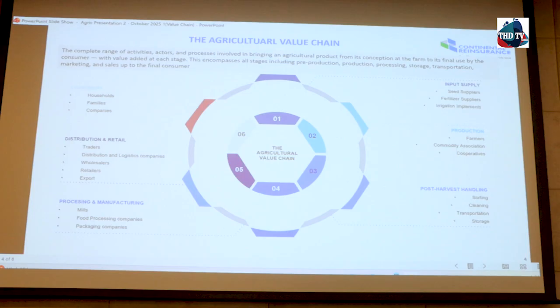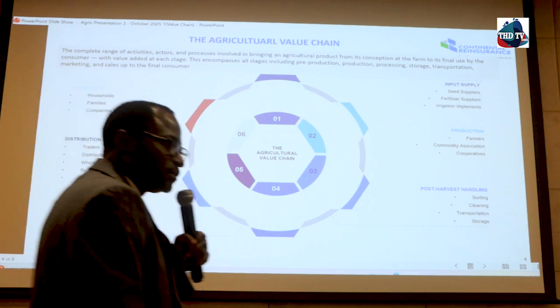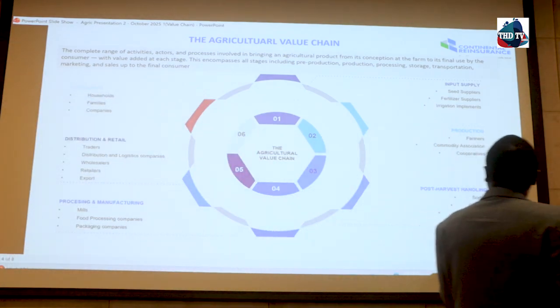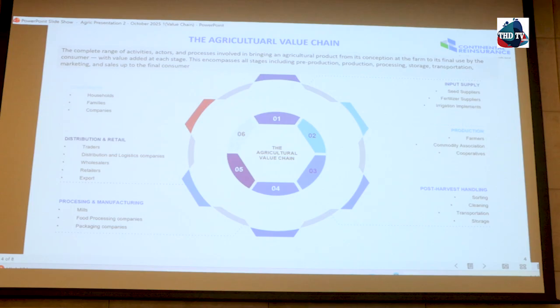And processes involved in bringing what? An agricultural product from its conception at the farm to its final use by what? By the consumer. With what? Value added at each stage.